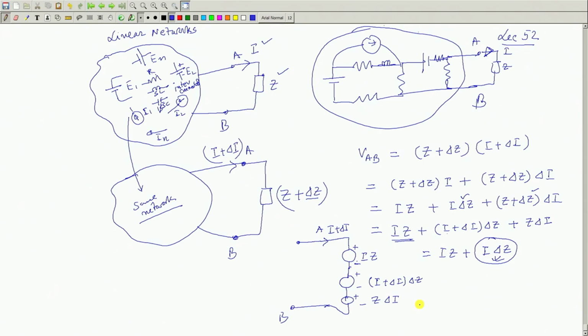I may think these voltage drops are nothing but batteries, but polarities are important like this, no problem. 3 voltage sources are connected in series in this fashion. And what is between A and B? It is this network, this same network. See, the arguments are so interesting.